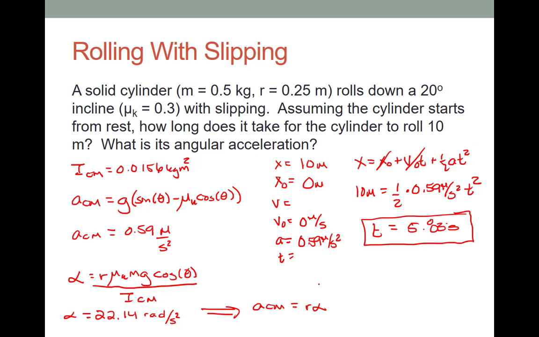If this were rolling without slipping, then the acceleration of the center of mass would be the 22.14 radians per second squared multiplied by the radius, which is 0.25, and that would work out to be 5.53 meters per second squared. So you can see it is very, very different rolling without slipping versus rolling with slipping.